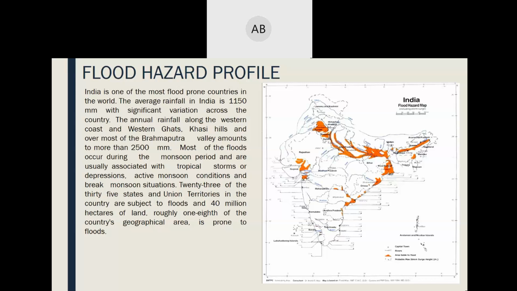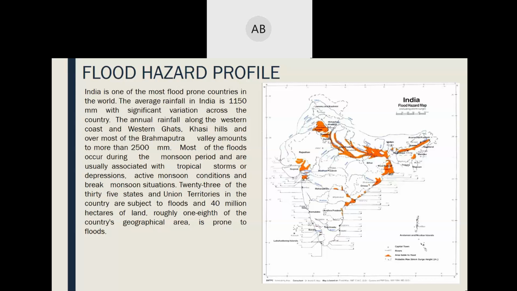Okay, and it amounts to around how much? 23 of the 35 states and union territories in the country. So they receive floods. And because of the floods, around 40 million hectares of land, roughly 1/8 of the country's geographical area, is prone to floods.